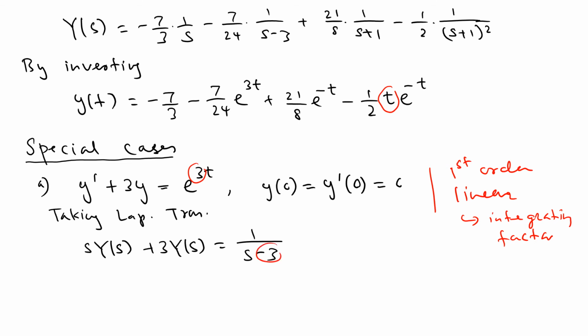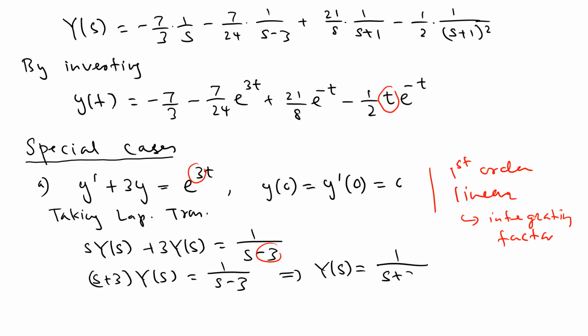Then if you factor this side, you get (s plus 3) Y(s) equals 1 over s minus 3. If you divide, Y(s) equals 1 over (s plus 3)(s minus 3), but this is the difference of squares, so this is s squared minus 9.